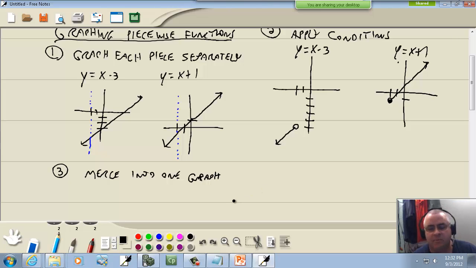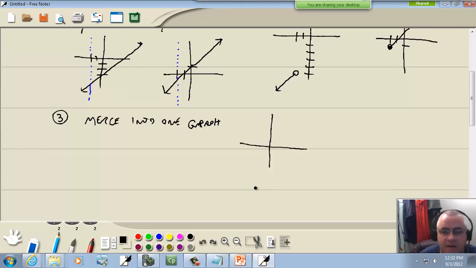And this is just sketching. I mean, at least in my class, don't spend a huge amount of time on it. So this would be that piece, and then this one would be right there. So that'd be your answer.